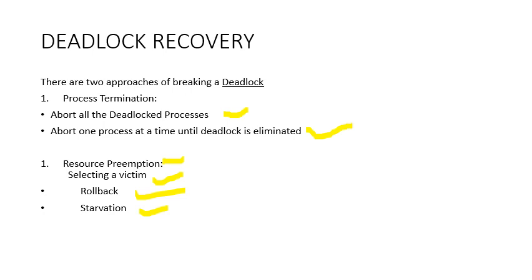Starvation is when, in some systems, it might happen that some process is always picked as a victim. So the process will never complete its designated task. This situation is called starvation, and it must be avoided.